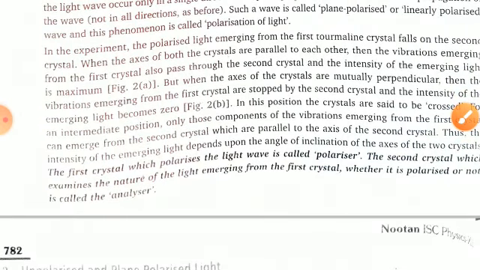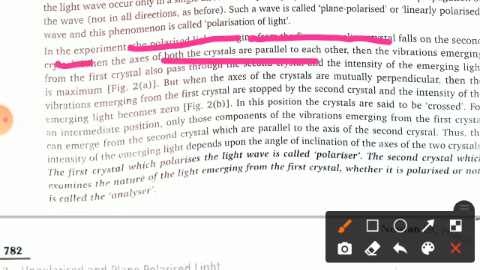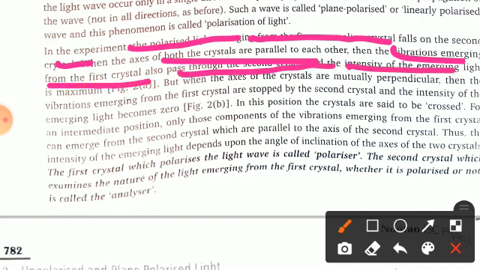Now in the experiment, the polarized light emerging from the first tourmaline crystal falls on the second crystal. When the axes of both crystals are parallel to each other, the vibrations emerging from the first crystal also pass through the second crystal, and the intensity of the emergent light is maximum.